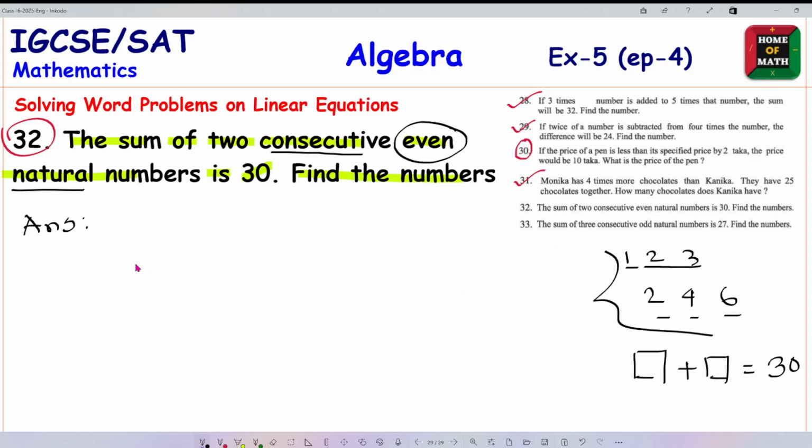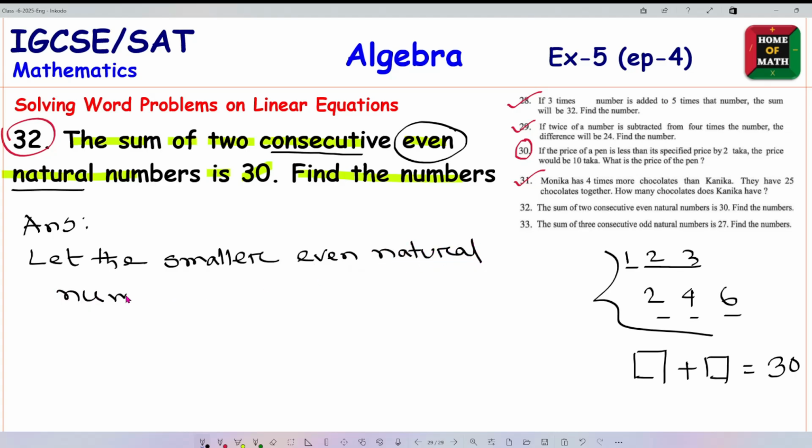In this case we can write: let the smaller even natural number be x. Okay.